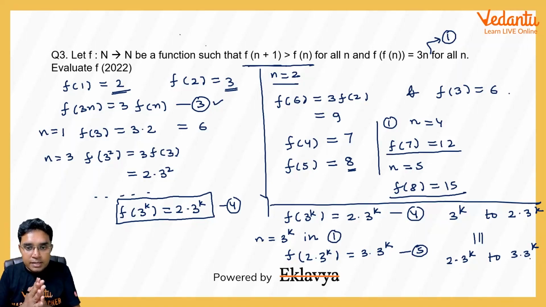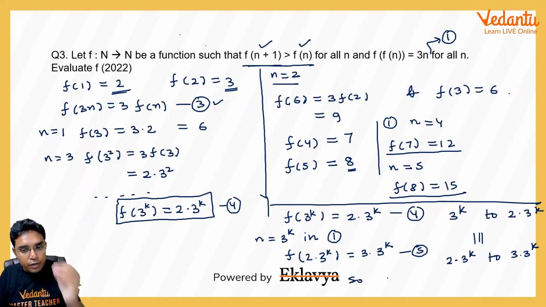Okay, so doesn't that mean that because this relation f of n plus 1 is greater than f of n, we need to have exactly one option for any number lying between 3 power k and 2 into 3 power k. Let me write it this way.